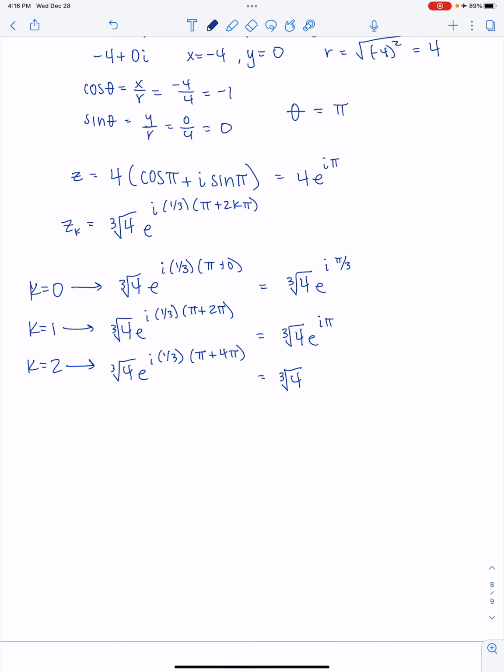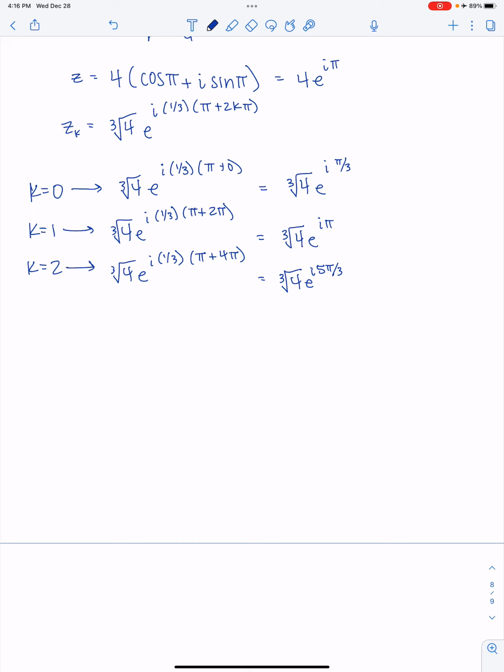The cube root of 4, e to the i, we will have 5 pi over 3. Oh, the i. Almost forgot about him. Okay, so now we have these 3, and we can write them in their polar forms. Polar is the cube root of 4 times cosine pi over 3 plus i sine pi over 3.